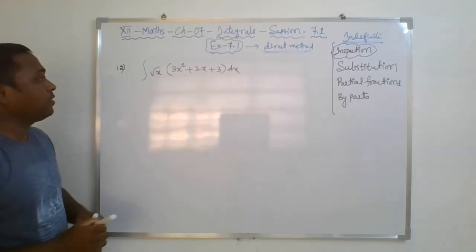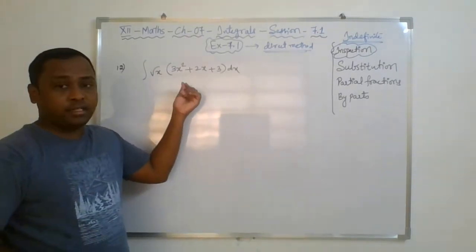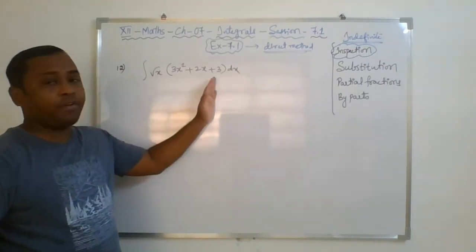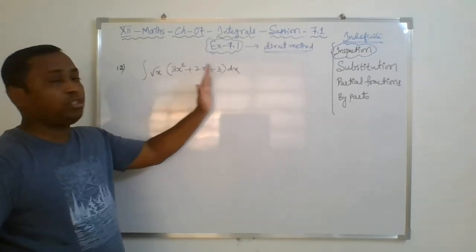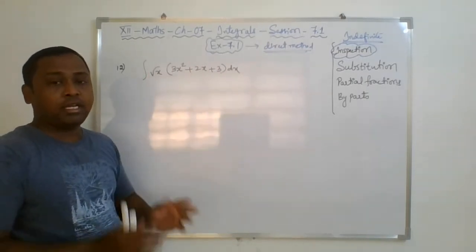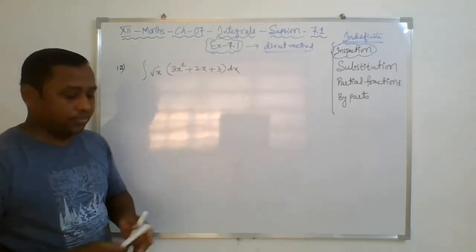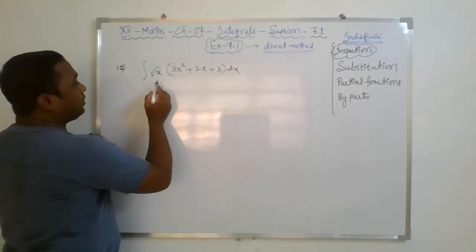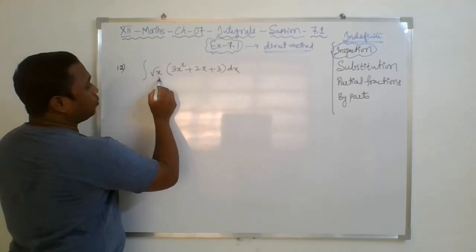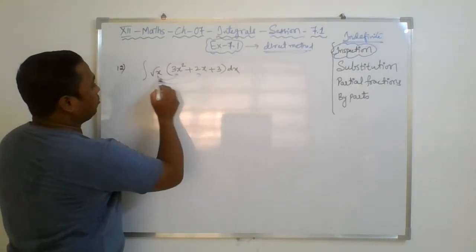Now you can see again it's a complicated sum, looks like, but when you simplify further, when you distribute it, it will convert into small integral questions. So what I will do first, I will multiply this root x with this trinomial.